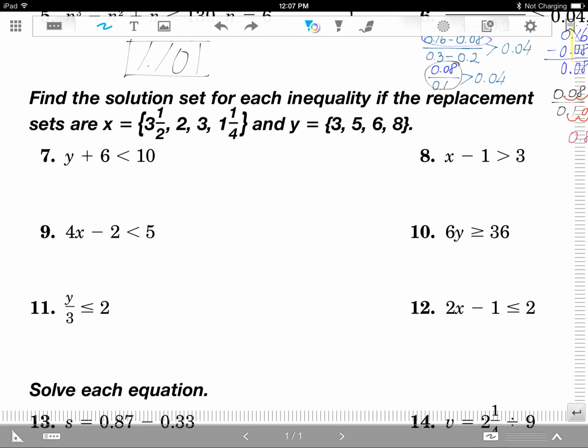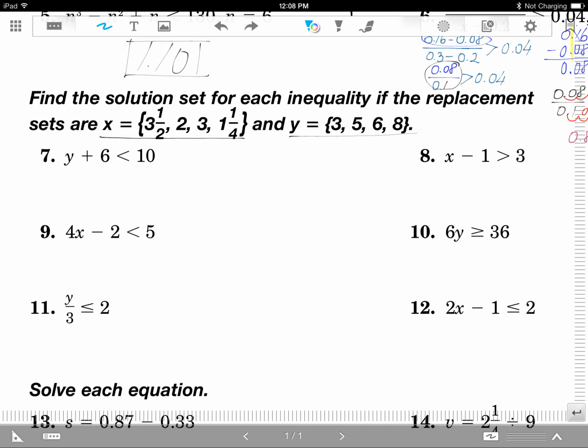It's asking you to check all these values of x, like in this case, the set 3.5, 2, 3, 1 and a quarter, by plugging them into your expressions to check if those expressions are still true. And for all the values of x for which the expression will be true, those will make your solution set. And then y is also given, so you have to go with each one at a time.